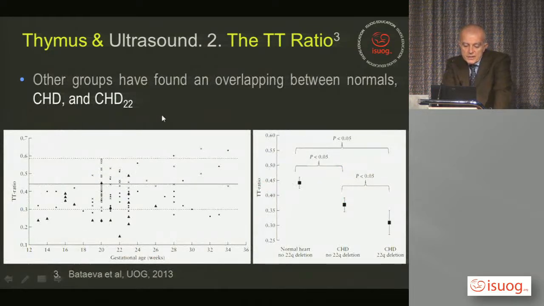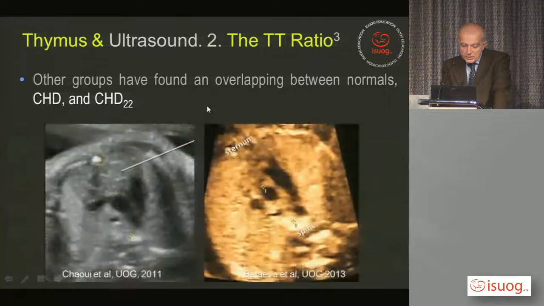However, more recently, another group, actually Lindsay Allen and her group from King's, have re-evaluated the issue, and in their experience, there was a kind of overlapping between especially babies with heart defects and those with heart defects and microdeletion. And so the conclusion of their paper was that it was useful, but not so useful to define whether it was a microdeletion or not.